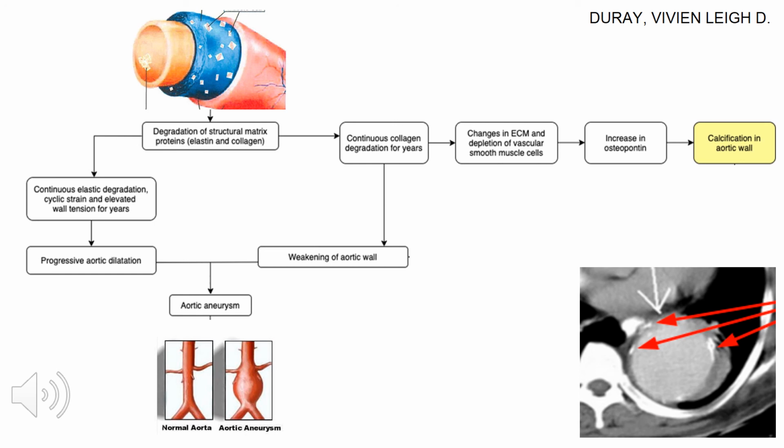The increase in osteopontin will lead to the calcification in the aortic wall, which was noted earlier by the hyperdense calcifications in the wall of the great vessel, as pointed out by the three red arrows on the bottom right corner. This leads to the weakening of our aortic wall. So, from the left side, we have the progressive aortic dilatation, and from the right side, we have the weakening of the aortic wall. These two factors will then constitute our aortic aneurysm.